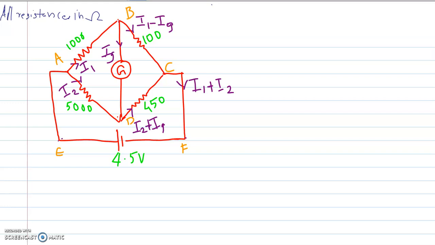First we will write the KVL equations. In order to do that, we have to identify the meshes or the loops. Here I can write certain loops which are possible, that is, closed paths. The first one is ABDA. The second one is BCDB.